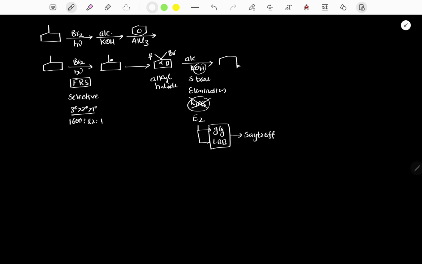Therefore, by removal of HBr, we get these two compounds. The first one is the Hofmann alkene, the second one is the Saytzeff alkene, and the Saytzeff alkene is major in this case.